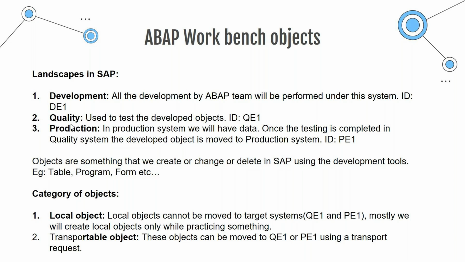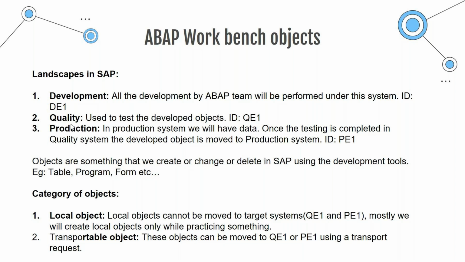They'll test all the scenarios. If your code fails, if the object is not working as per the client requirement, they'll revert to you stating that it is not working. You have to modify it, change it some way. I cannot tell you what change you have to do; it's different for every object.